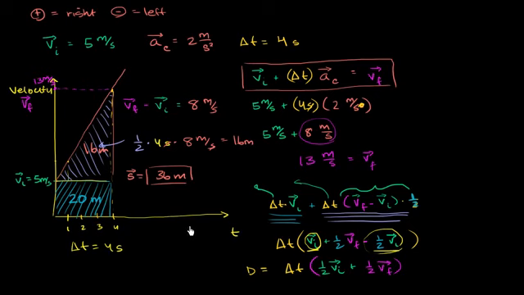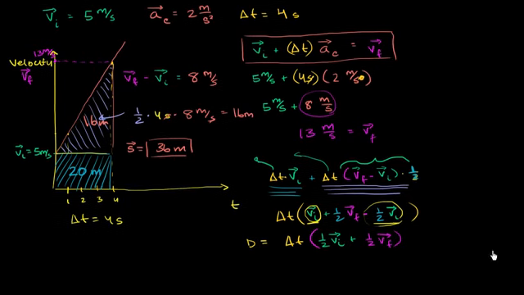Or another way to think about it, let's factor out this 1/2. You get distance is equal to change in time times 1/2 times vi plus vf.